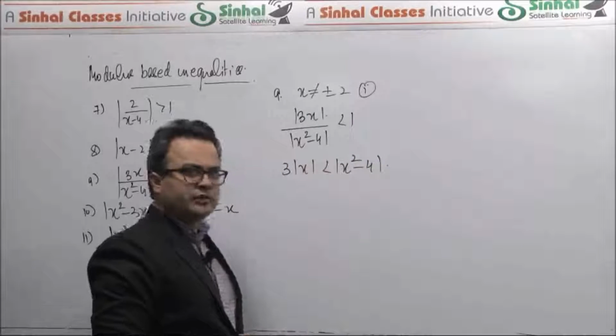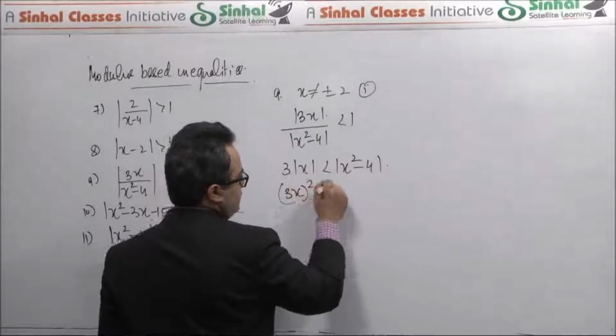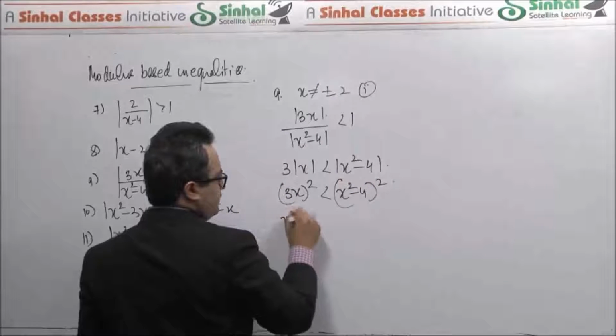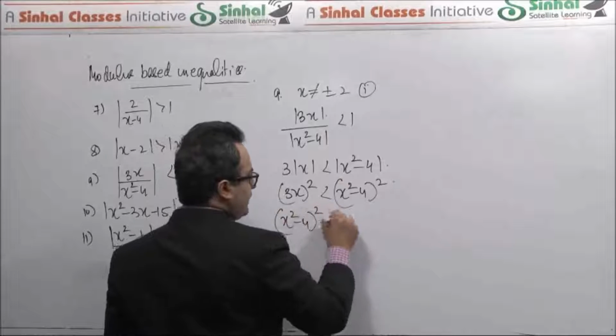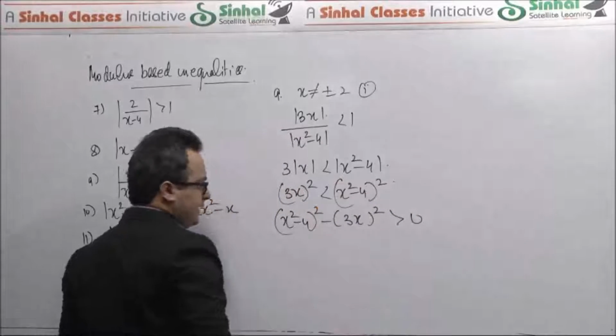And since now again both sides are positive, I can square. But again, we won't expand after squaring, that won't really help. So get all the terms to one side and factorize.